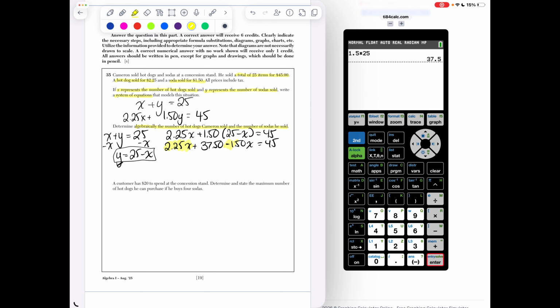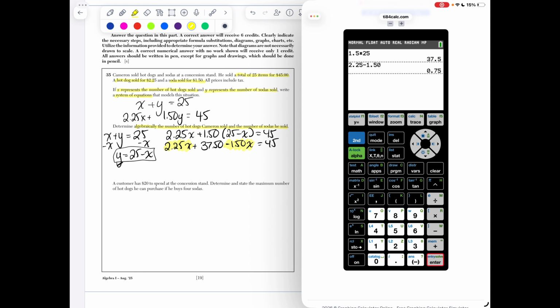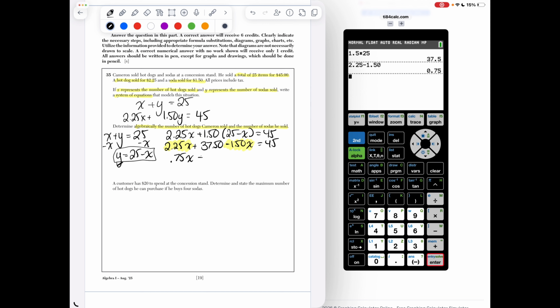So I have this one and I have this one. So 2.25 minus $1.50 is equal to 0.75. So, oops, change it back to my pen. 0.75X plus $37.50 is equal to $45.